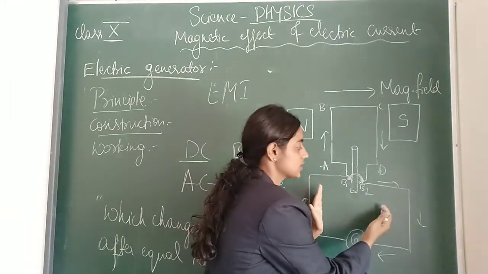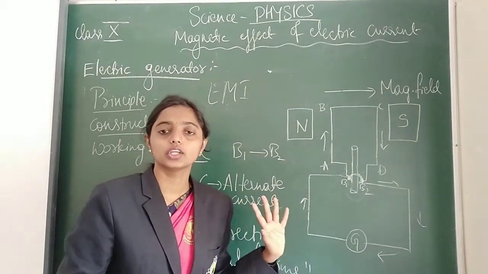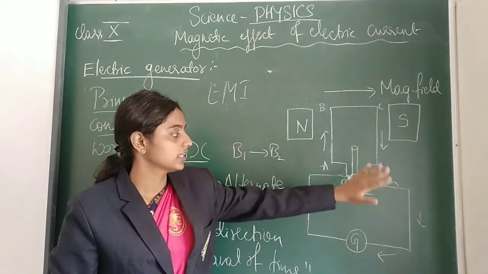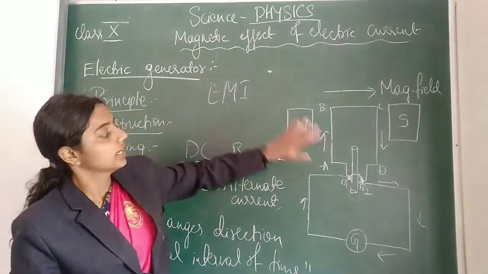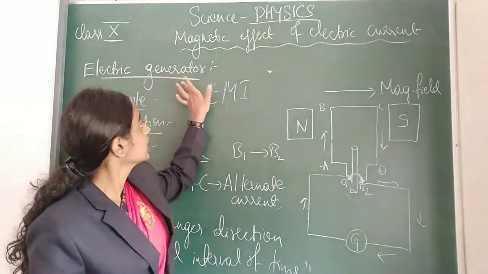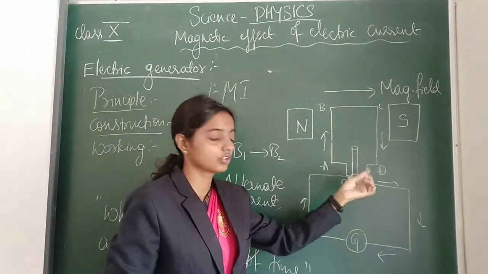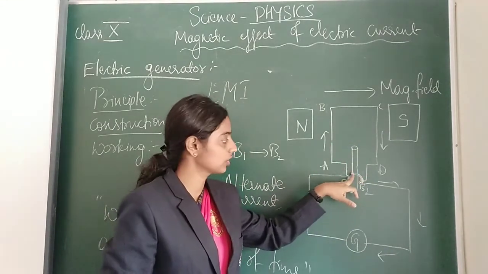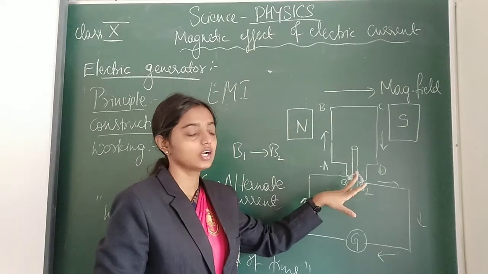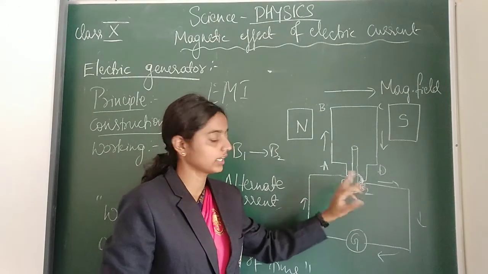When the connection is done like this, the current will flow only in one direction, and this type of device is called an electric DC generator. Here you should rub out those two rings and draw one split ring, and draw the connection. Both terminals should be connected to one V1 and another V2.